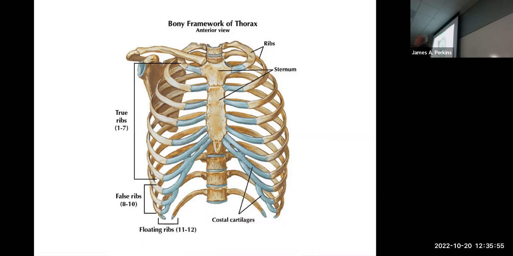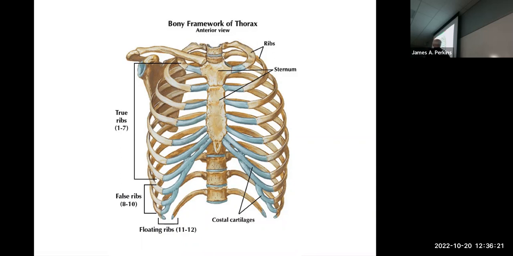So I almost feel like we should use more descriptive terms that actually describe their costal cartilages, instead of making one group of ribs sound real and another group sound not real. But this is the terminology we're stuck with.